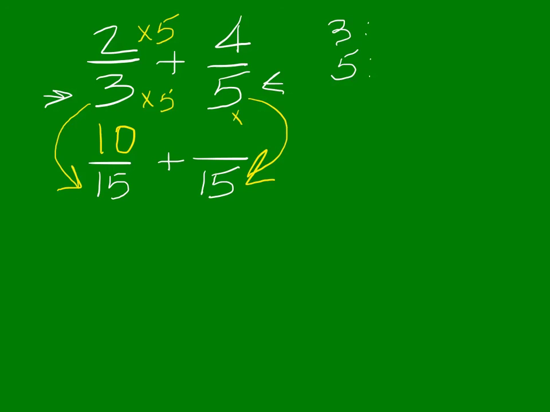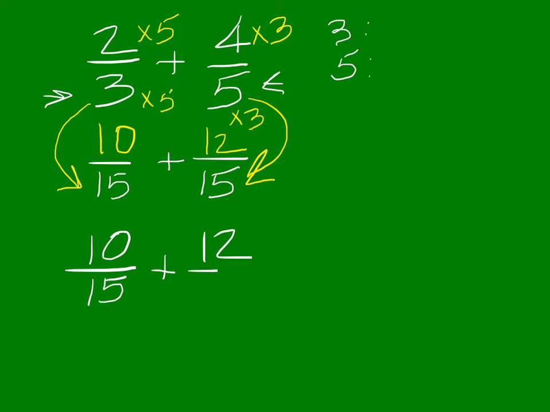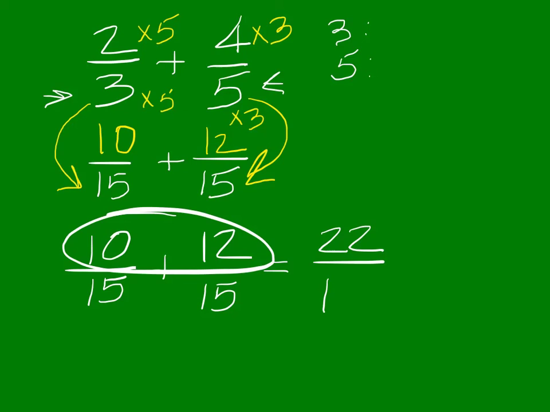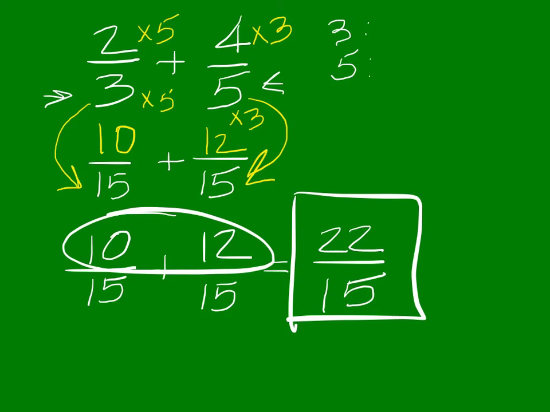So if I'm multiplying 5 by 3, I've got to multiply this 4 by 3 to get what? 12. So your new set of fractions are 10 over 15 plus 12 over 15. So you add the tops together and get 22 over 15. And just leave it like that.